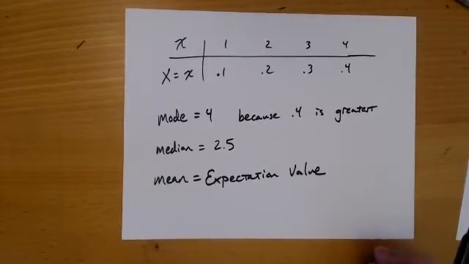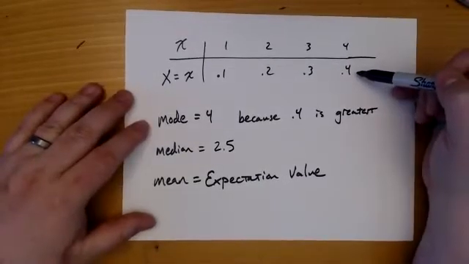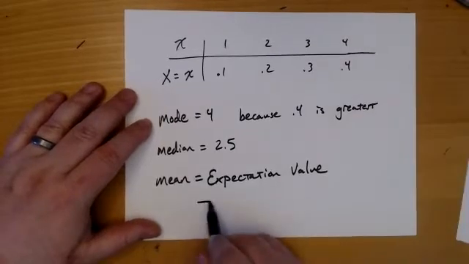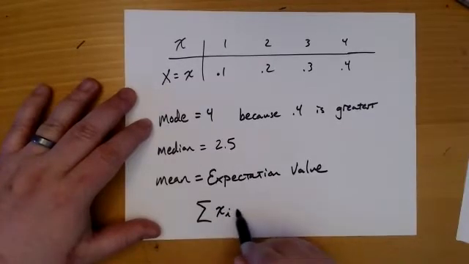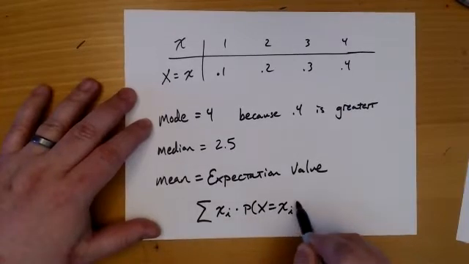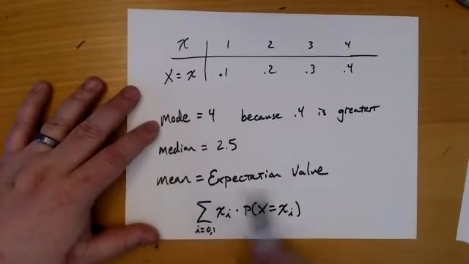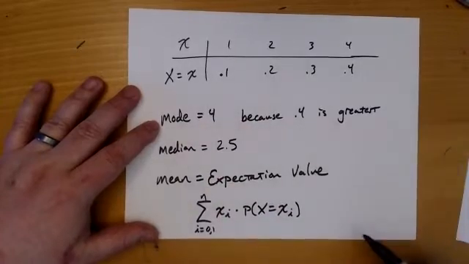And the way we do that is by taking x sub i times the probability of X equaling x sub i, summed up, where i starts at either 0 or 1, whichever your data set starts at, and goes through however many data points there are.